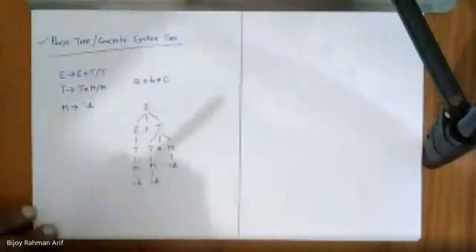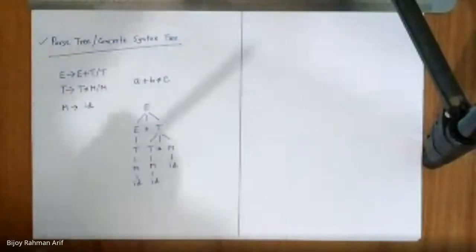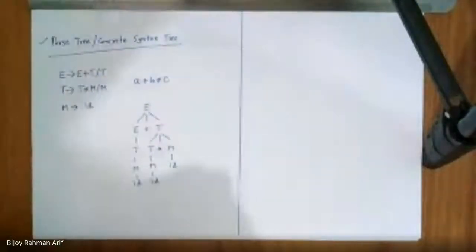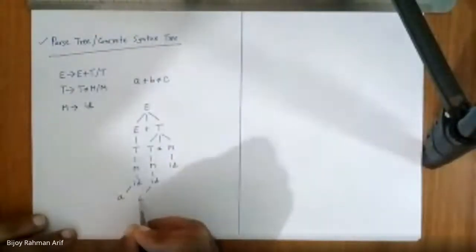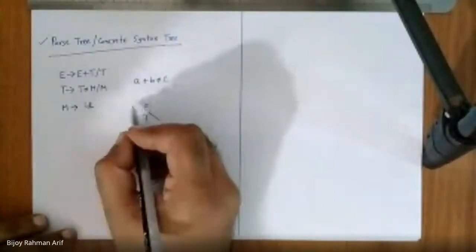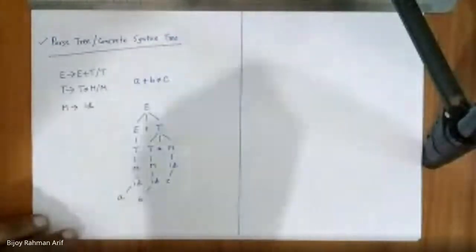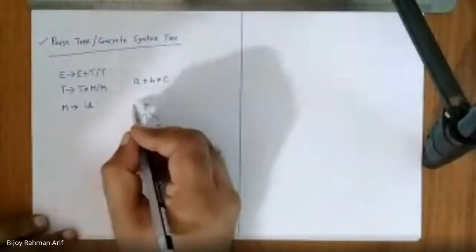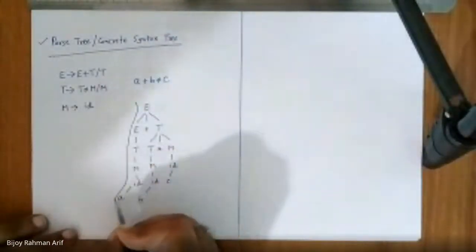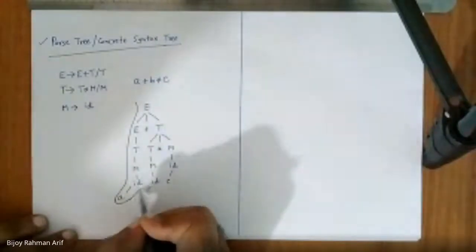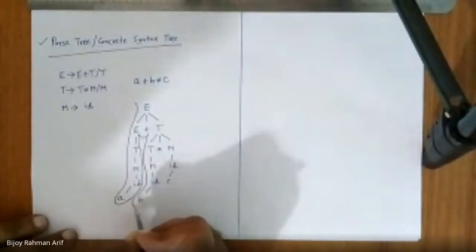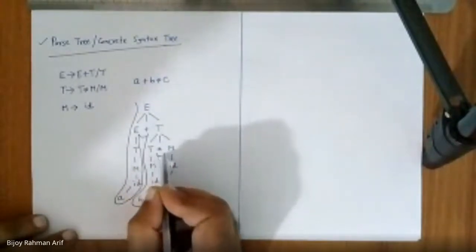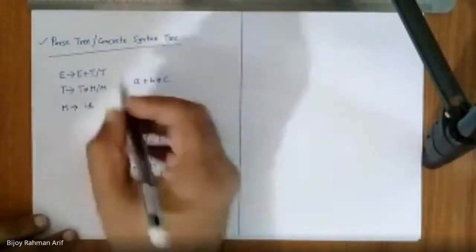Okay, now this ID is nothing but A, this one is nothing but B, this one is nothing but C. So if you traverse the tree top to down, left to right, what do you get? ID A plus B star this. So you get this string.